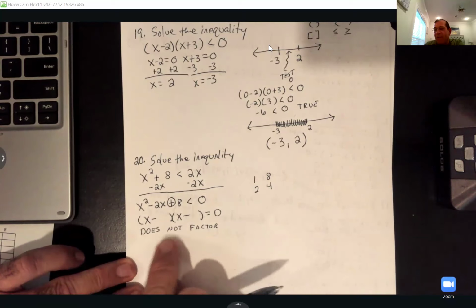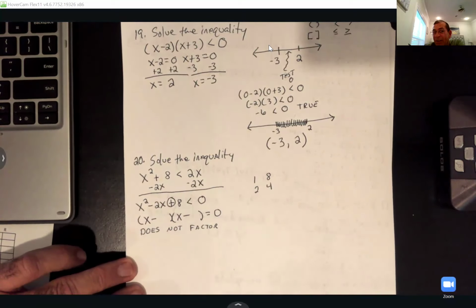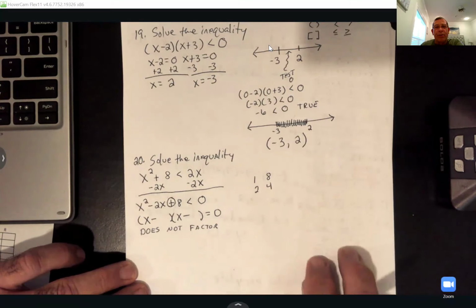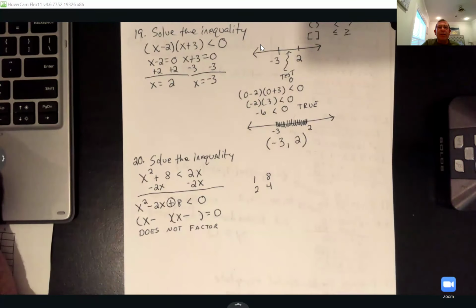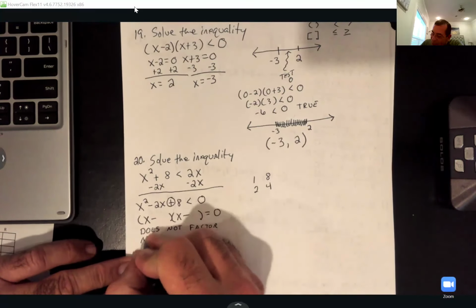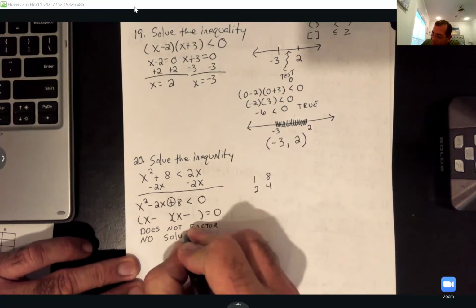So if it does not factor, what was my answer? What do we call it when we don't have an answer? Undefined. Well, no, not undefined. That's when you're dividing by zero. No solution. Good job, yeah. Remember, this is a no solution.